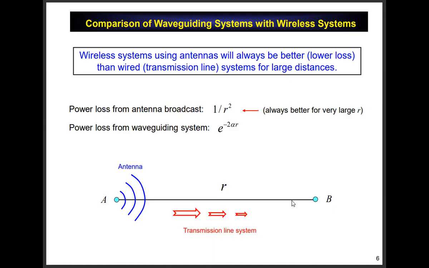Now I want to try to compare these two systems and see what's better. With our knowledge of transmission line theory, we should be able to understand this. First of all, what's going to happen with the antenna system? Remember, it's a spherical wave. The area of a sphere is, of course, 4 pi r squared. So you send out a certain power, like 1 watt from the transmitting antenna, and that power spreads out over the sphere.